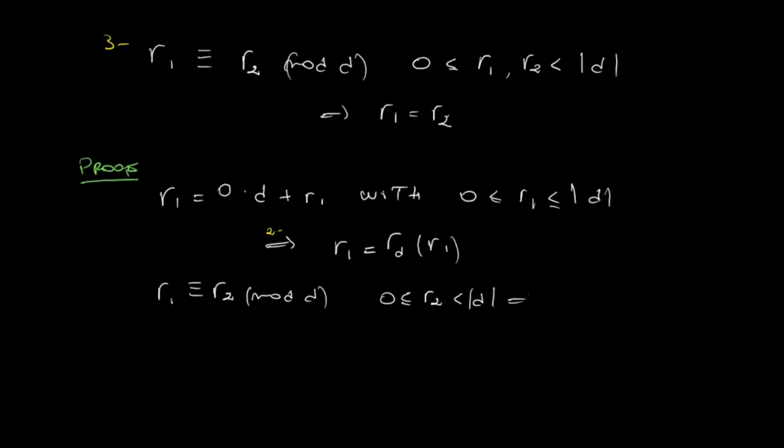And then again, using the property 2, we know that R2 will be the remainder in the division by d of R1. So R2 is this and R1 is this, and this tells us that R1 equals R2.